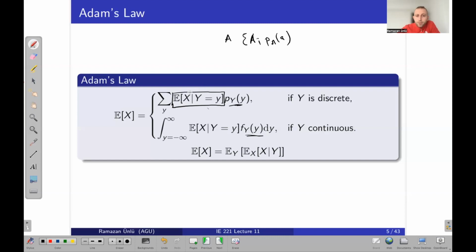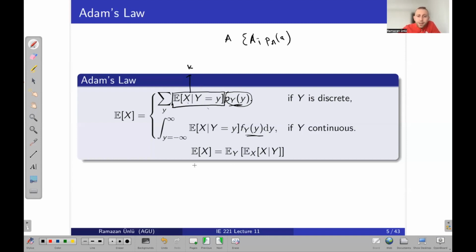And what is this? This is actually the conditional expected value of X. I can give a name to that new random variable, let's say K, with the corresponding probability. So I am simply calculating the expected value of K. What is K? K is the conditional expected value of X.